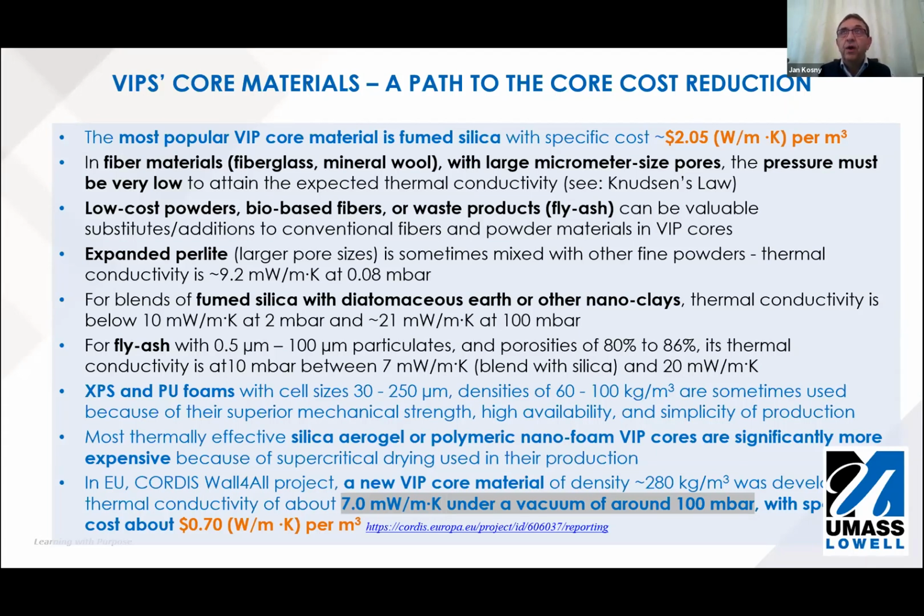Not very good for long-term usage of vacuum panels. And among emerging technologies, there are aerogels, which have pores well below 100 nanometers, and those materials perform extremely well. The problem is that they are expensive in production.